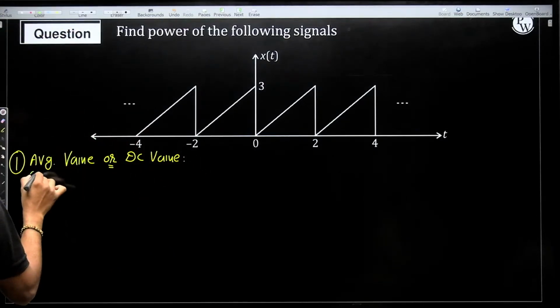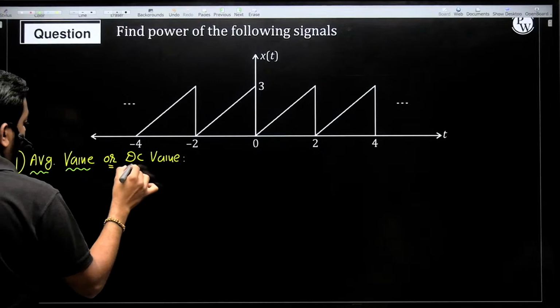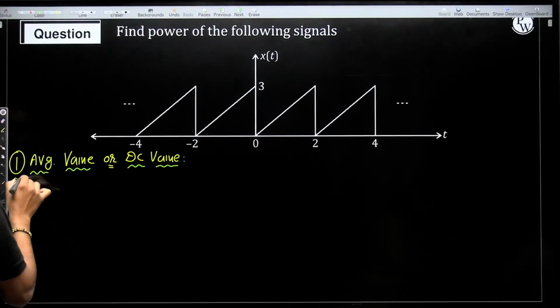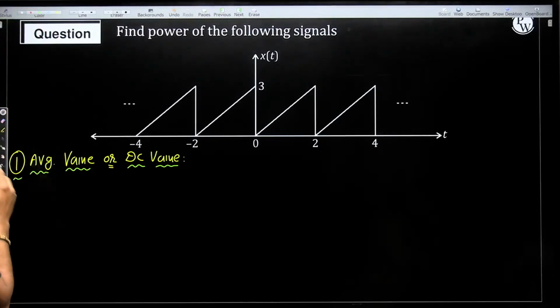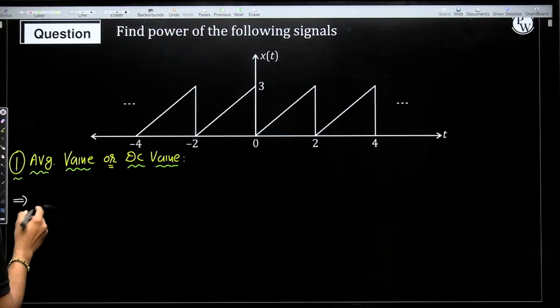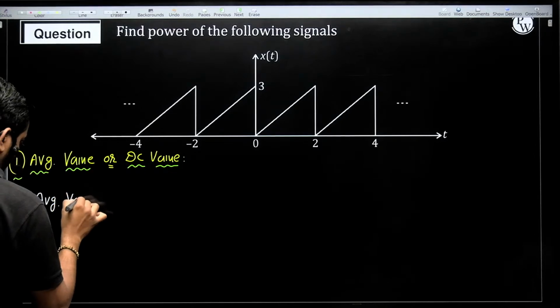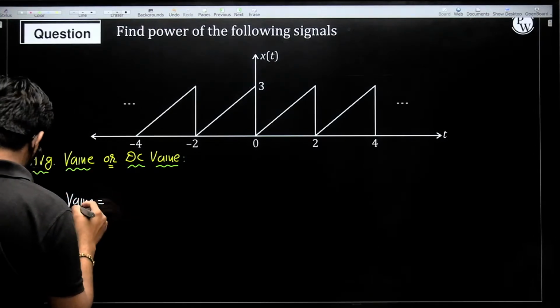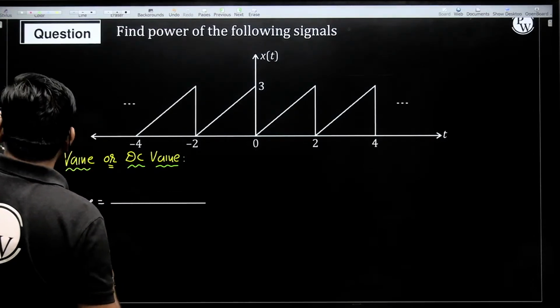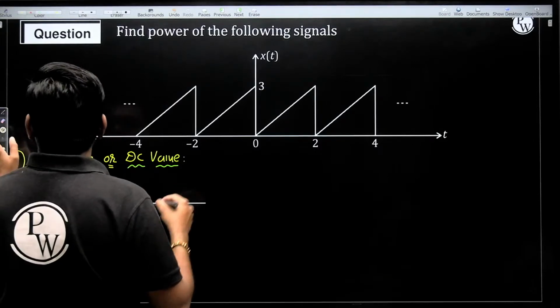So area of x of t over a fundamental time period divided by fundamental time period. Find the area of x of t over a fundamental time period. What is the area?